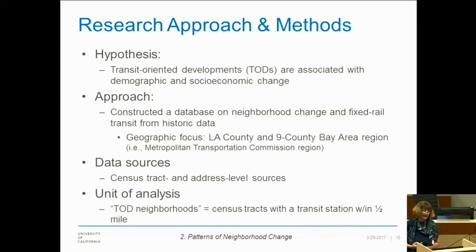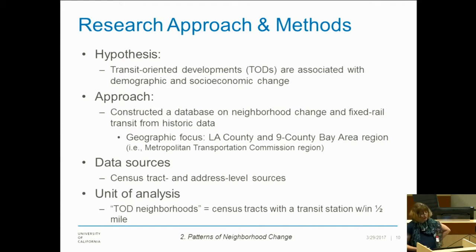We constructed a database on neighborhood change and fixed rail transit from historic data. We focused in our analysis on Los Angeles County and the 9-county Bay Area, and we built a database that includes both census tract and address level sources.